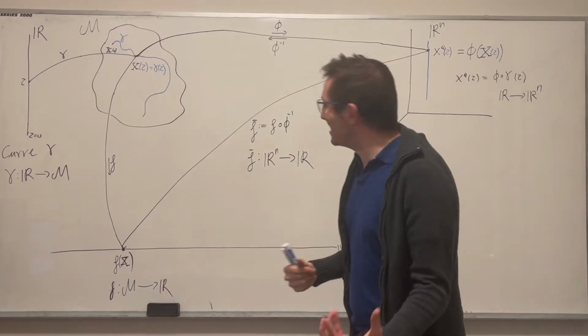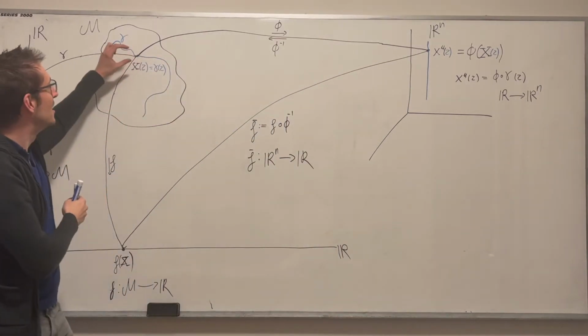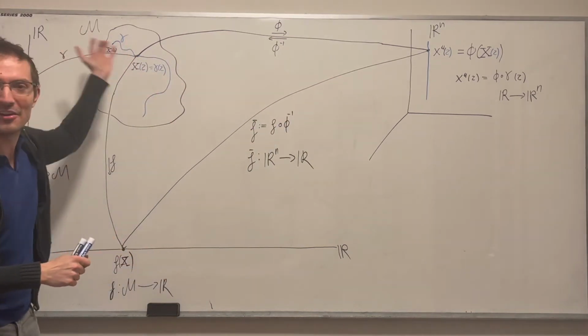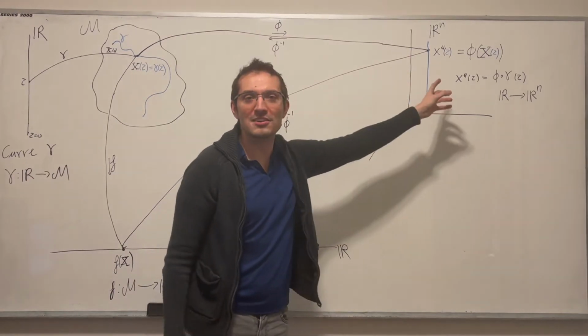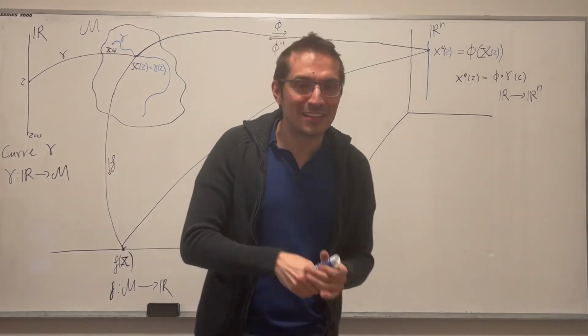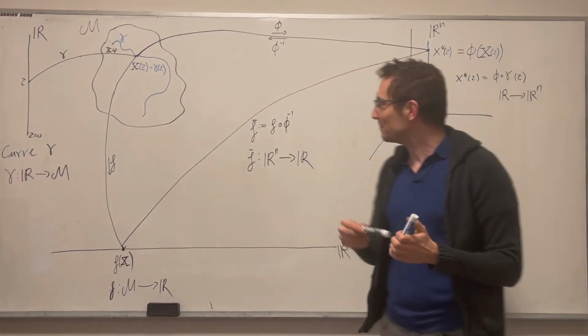So you see what we're doing? We are exploiting the fact that we have this correspondence locally from the manifold to Rn to define abstract objects that I have no idea what they are in the manifold through the things that we know, through the definitions that locally are in Rn, which is what we know how to do. This is the whole trick, the whole purpose of differential geometry.